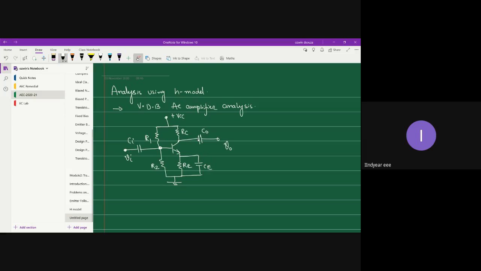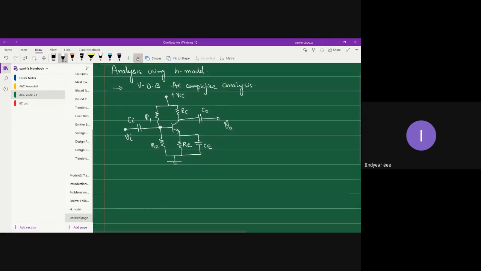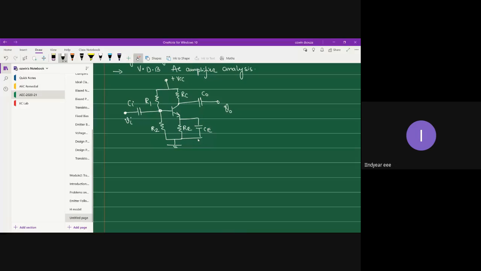Okay, now we need to go for hybrid model analysis. You see, obtaining the equivalent circuit doesn't change much from your RE model, right? So in order to get an equivalent circuit which fits for AC analysis, what we have to do, as discussed in the RE model, is ground the VCC and then replace capacitors with short circuit equivalents.